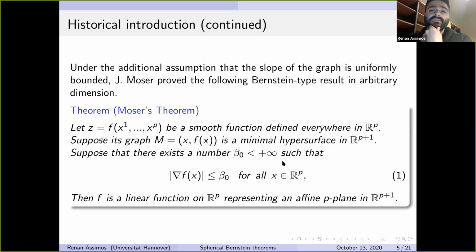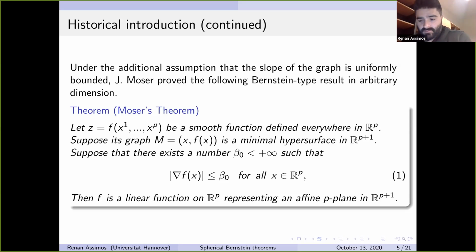In addition, he supposes that the gradient of this function is uniformly bounded. So the vector norm of the gradient is bounded by a number, which I denote by beta 0. He concludes that this function is linear and its graph is just a p-plane in Rp plus 1.